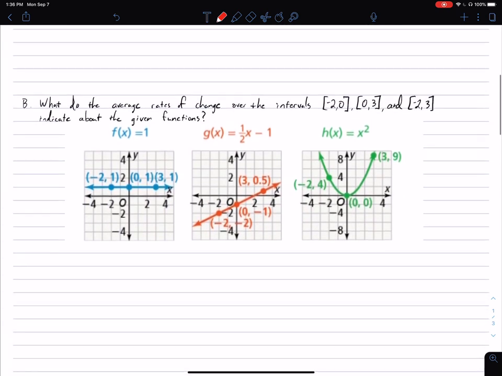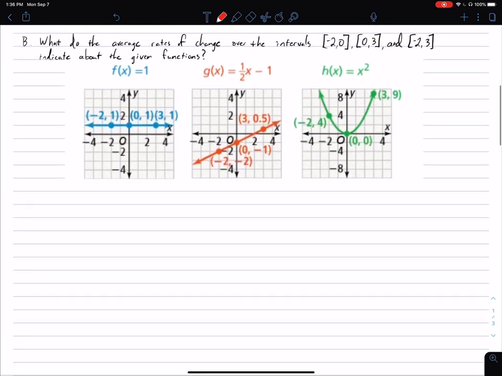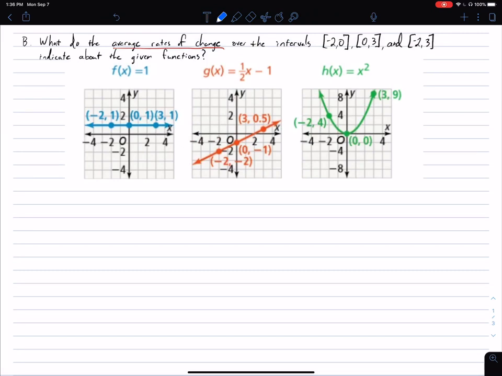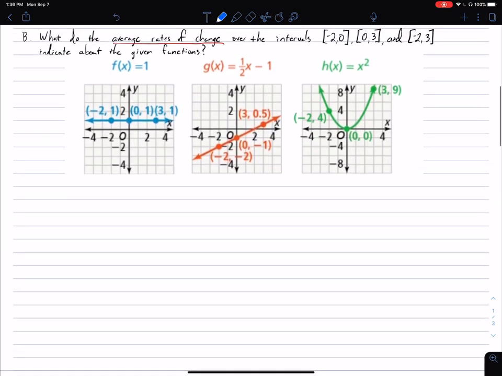So let's take a look at example B and put this into practice. So it says, what do the average rates of change over the intervals -2, 0, 0, 3, and -2, 3 indicate about the given function? So what they're looking for here is three different parts.